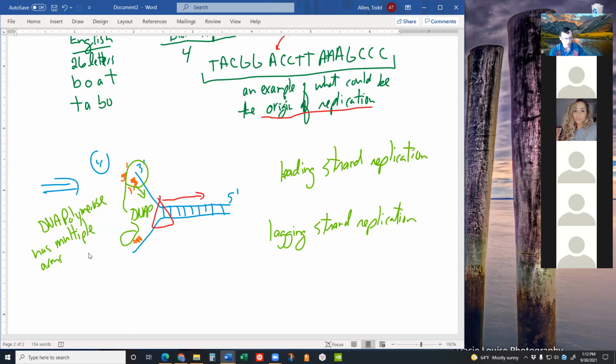Okay, so let me finish the drawing here. On step 4, DNA polymerase at the top is moving towards the helicase, and DNA polymerase on the bottom would be momentarily moving away from the helicase. Can anybody tell me, is it the top strand of drawing number 4 or the bottom strand of drawing number 4 which is illustrating leading strand replication?